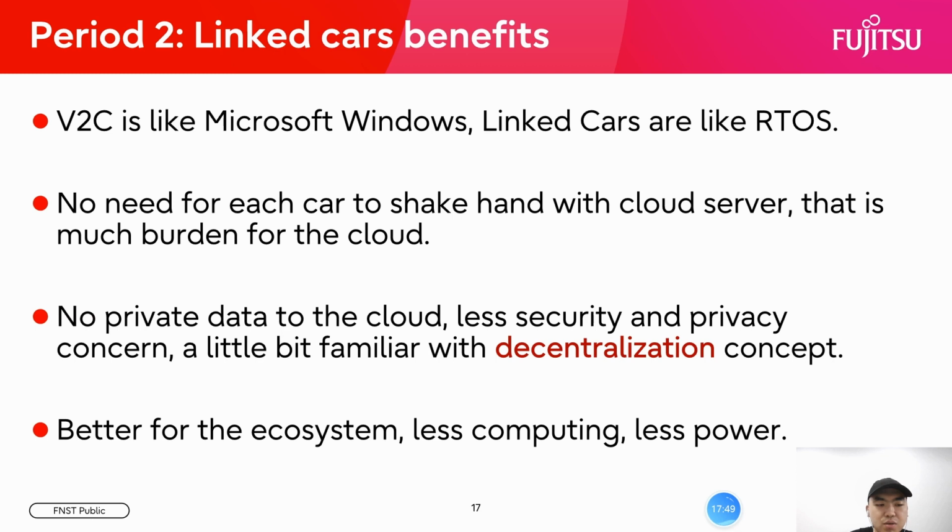Some private data will not be transmitted to the cloud, and in this way there are fewer security and privacy concerns, which is a little bit like decentralization in the field of vehicle-to-cloud. And it's going to be more environmentally friendly because a lot of calculations are reduced.